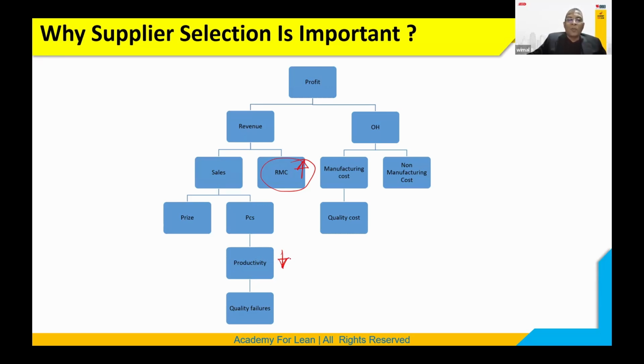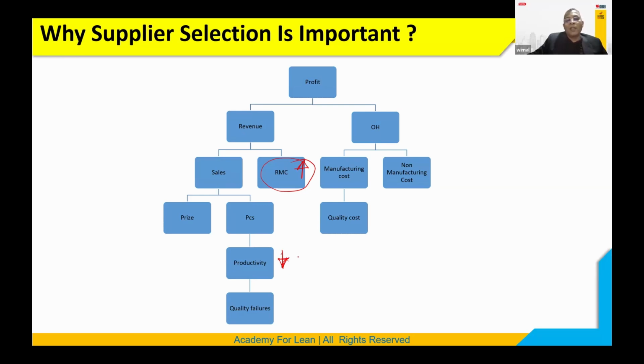I will give an example. One time, maybe 10 years ago, we picked one thread supplier because of the cost factor. Their threads were not strong enough compared to our regular supplier. Because of that, there were a lot of thread breaks during production, and our productivity went down drastically.